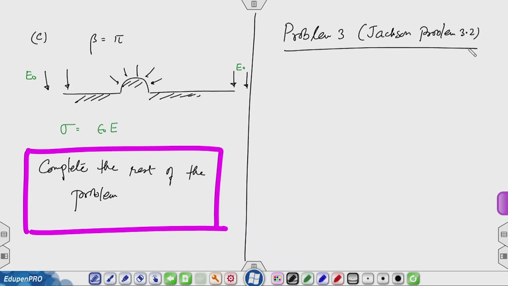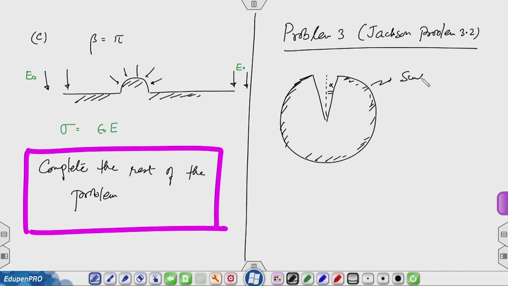You are given a spherical surface with a hole on top, and this hole is in the shape of a cone with theta, the apex angle being alpha, and the rest of the surface carries total charge q, which is such that the surface charge density is equal to q over 4 pi r square, where r is the radius.